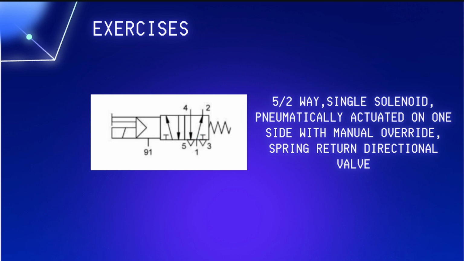Direction na agad tayo dun sa mode of actuation niya. For this example, ang mode of actuation niya ay nasa left side, which is a solenoid, pneumatically actuated, and manual override. And then our mode of return, which is a spring. So again, this example is a 5-2-way single solenoid pneumatically actuated on one side with manual override, spring return directional valve.